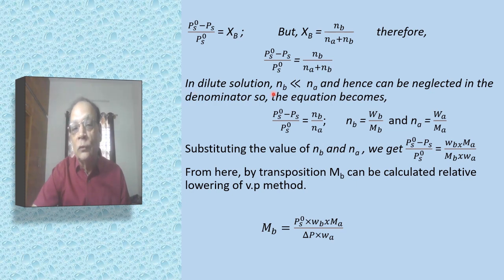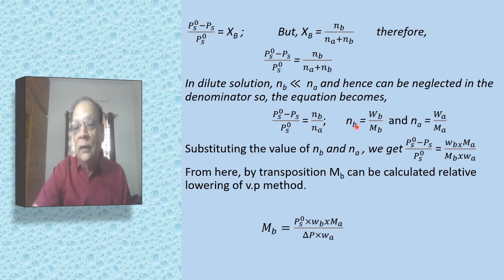In a dilute solution, the number of moles of solute is far less as compared to the number of moles of solvent and hence can be neglected in the denominator. So the equation becomes P0s minus Ps divided by P0s equals Nb by Na.